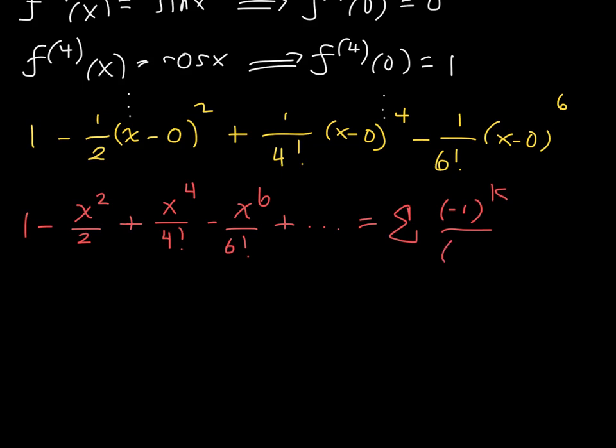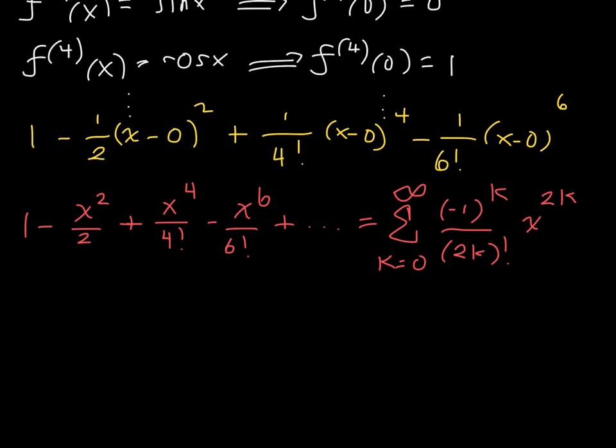So even numbers are of the form 2k, 2k factorial. That's giving you all of your coefficients. And then for the variable parts, it's x raised to even powers only. So x to the power of 2k as k goes from 0 to infinity.